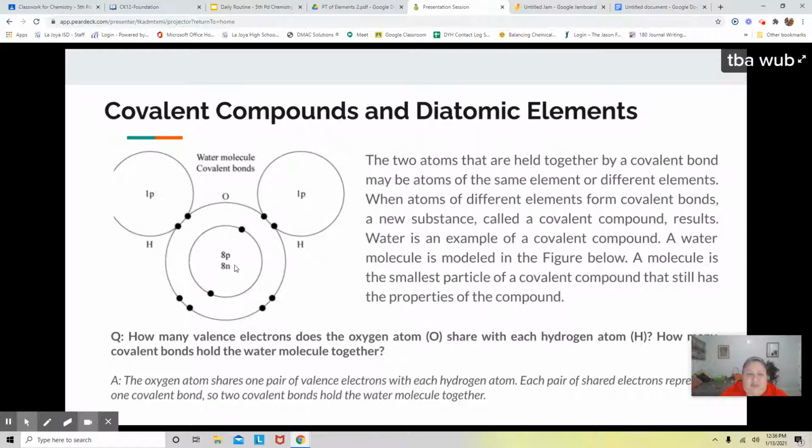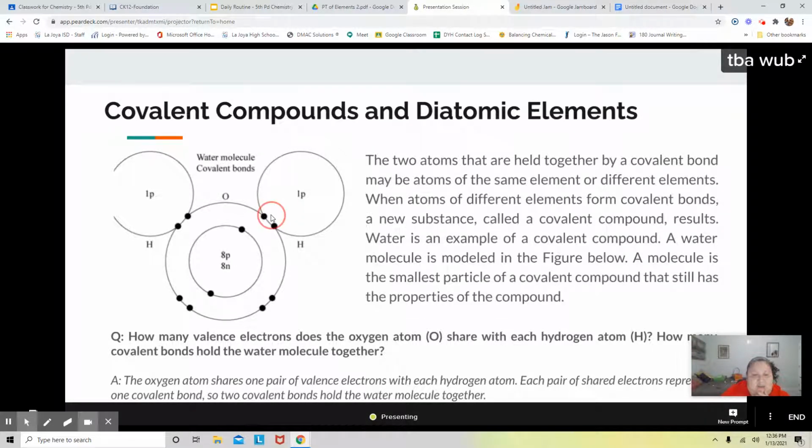All right? So oxygen had 6 valence electrons, hydrogen had 1, and hydrogen is going to come and attach itself to one of these electrons from oxygen. Now, hydrogen has 2 electrons in this energy level. That's a full energy level. Same thing for this other hydrogen. It has 2 valence electrons, the full energy level.